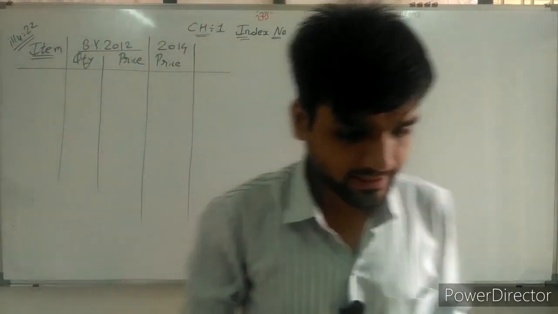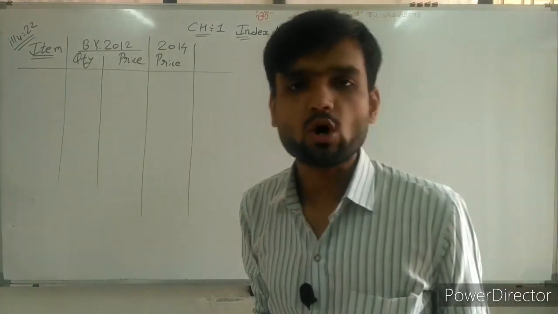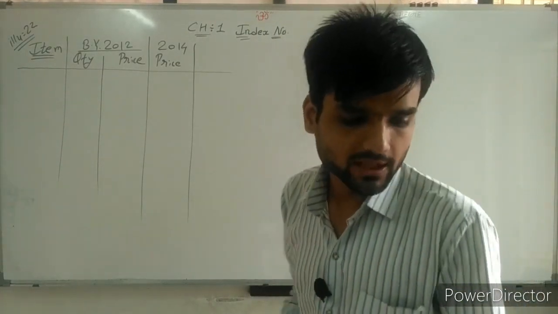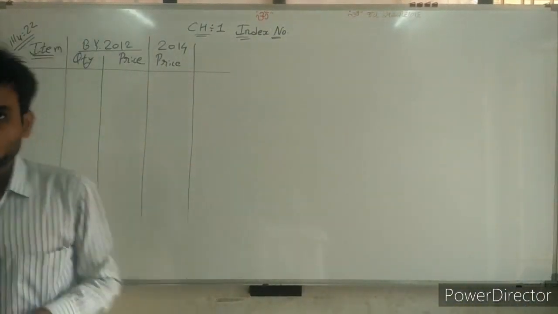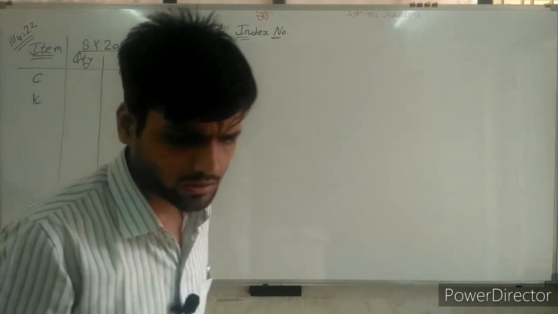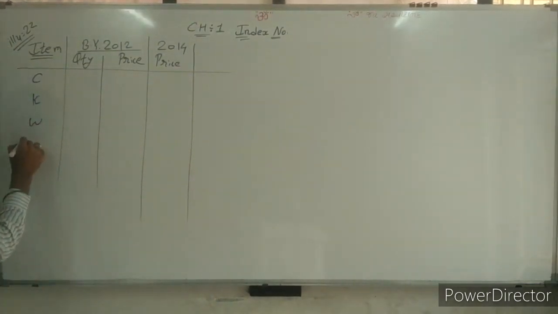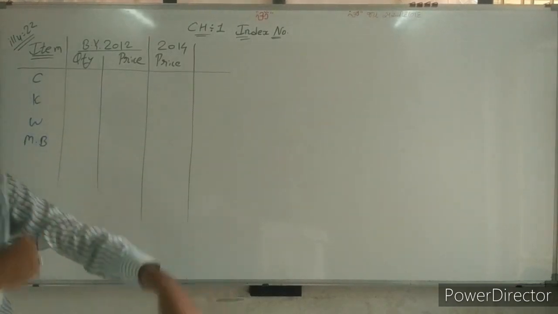Now, next thing, which are the items? Coal, kerosene, wood, matchbox. These four fuel items are available. Coal, kerosene, third one wood, and matchbox. These four items are available.